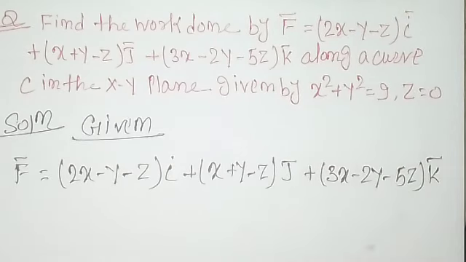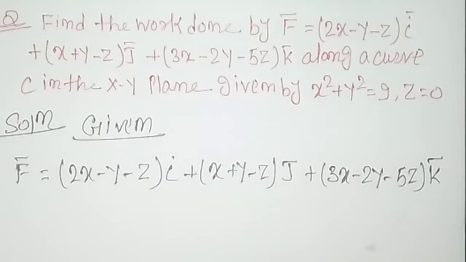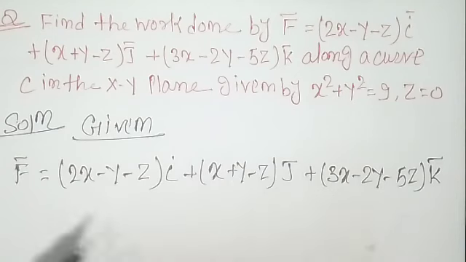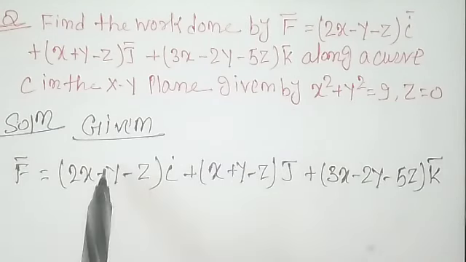So this is the vector F given to you. Now we can find one position vector, because we have to find the work. Work is force into displacement. So the force is given in vector form, and we have to find the position vector.